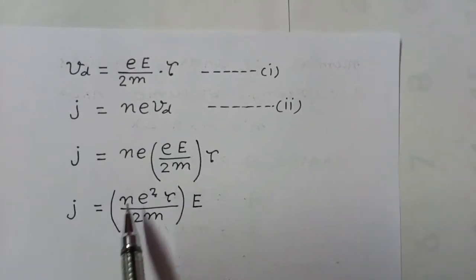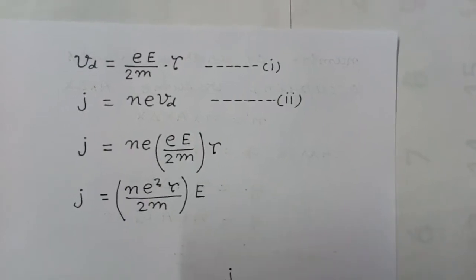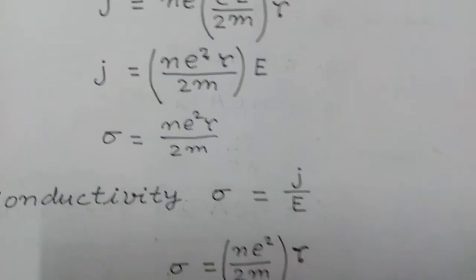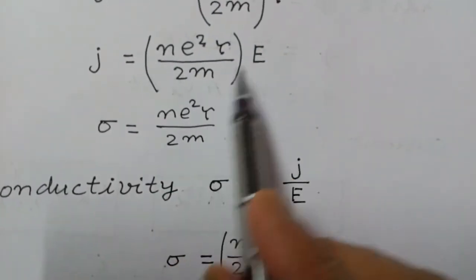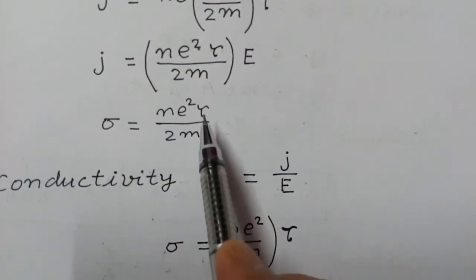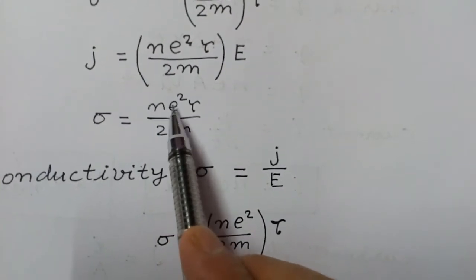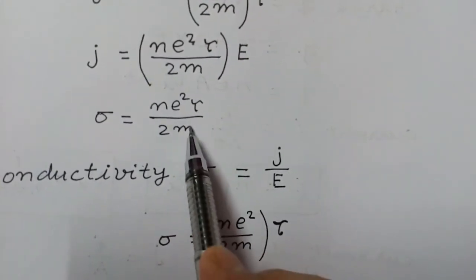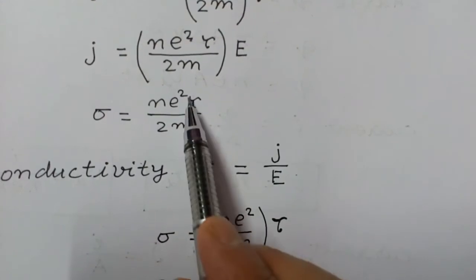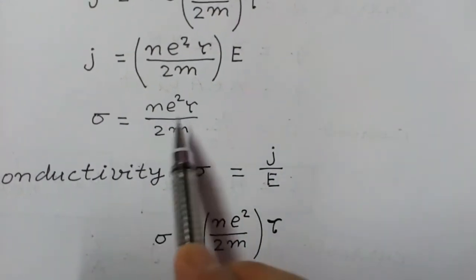So J is equal to ne square tau upon 2m into capital E. Now this quantity ne square tau upon 2m is conductivity. So if temperature is constant, n is constant, which is number density, e is the charge of electron, constant, m is the mass of electron, constant, and if temperature is constant, then relaxation time tau is also constant. So sigma is constant.